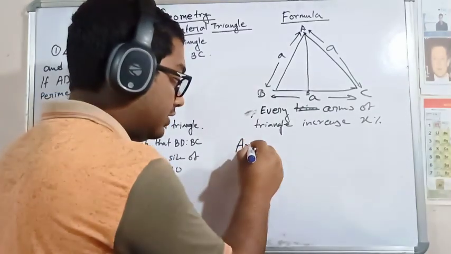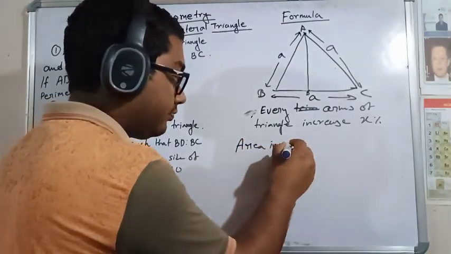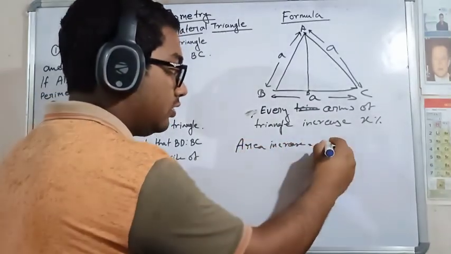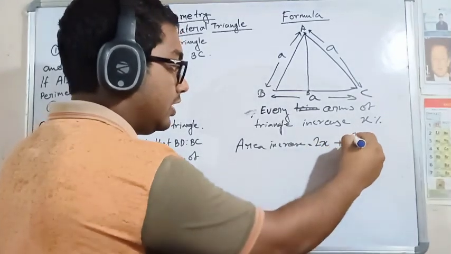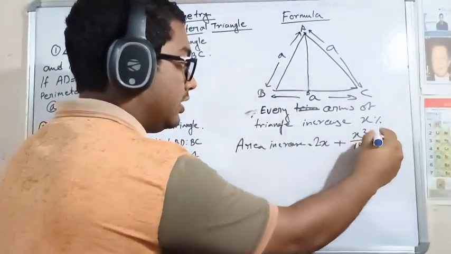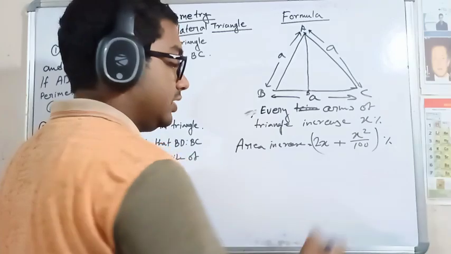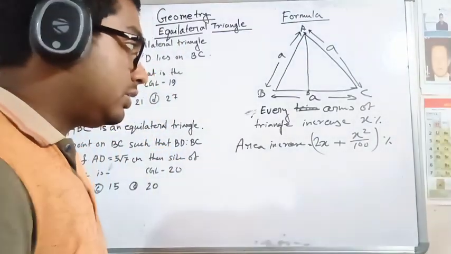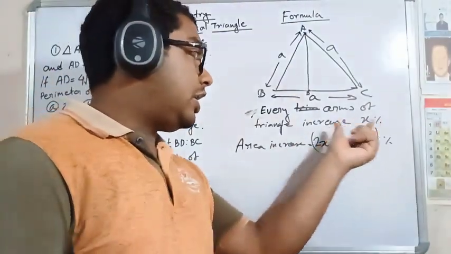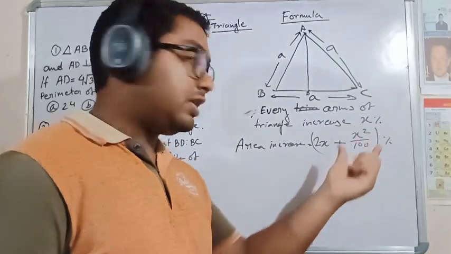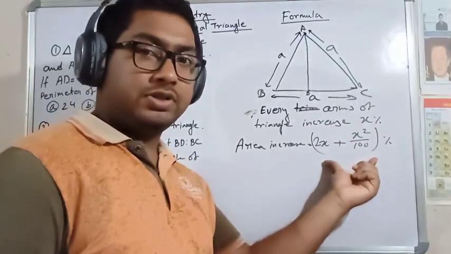So the area increase is equal to (2x plus x square by 100)%. Okay, and if every arm increases x%, then the area will increase by this percent.